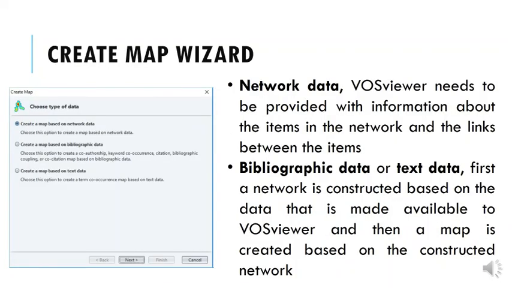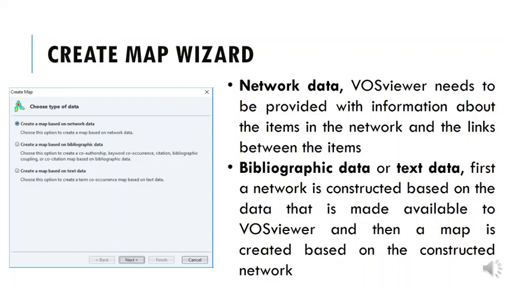It is easy to create a map using the Create Map wizard. In the Create Map wizard, there will be 3 buttons that allow you to create a map based on network data, bibliographic data, or text data. If you want to create a map based on network data, VOSviewer needs to be provided with information about the items in the network and the links between the items.